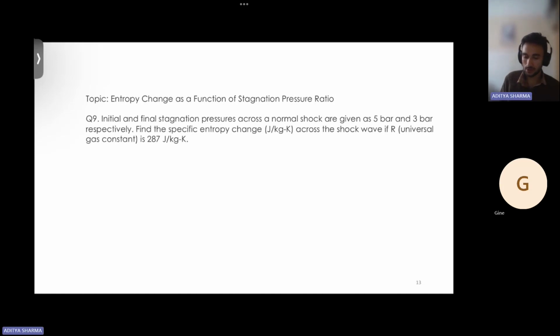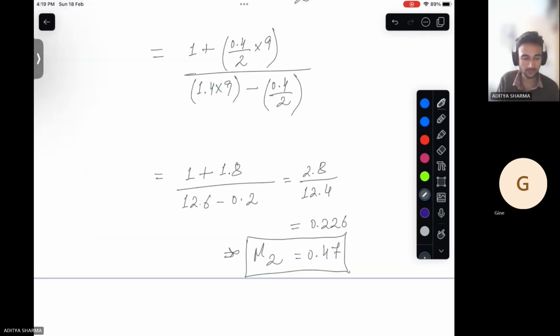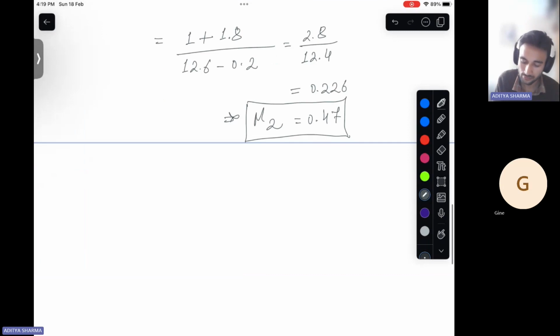Find the specific entropy change across the shock wave if the universal gas constant is this. Yes, solve this and give me the answer. This is question number 9.